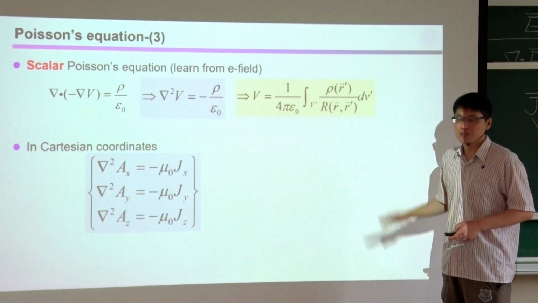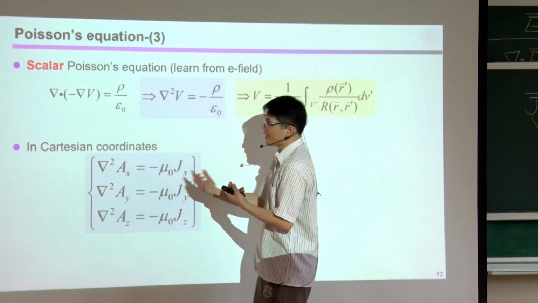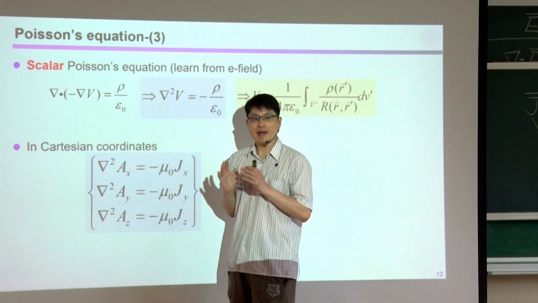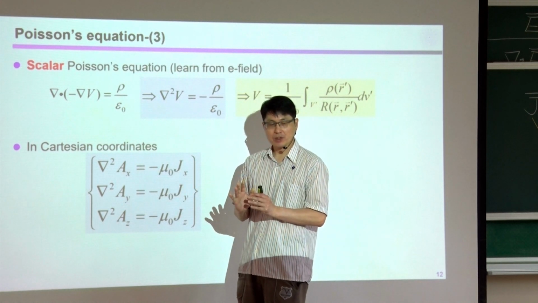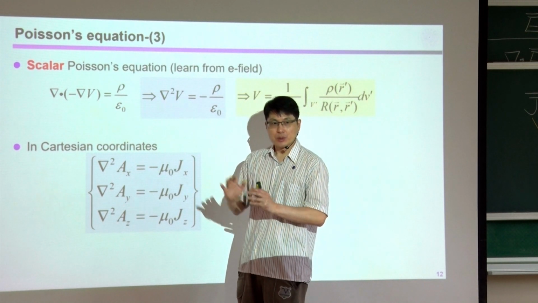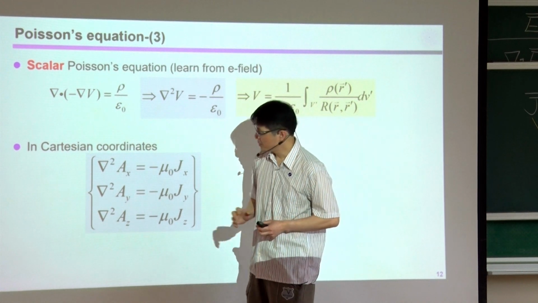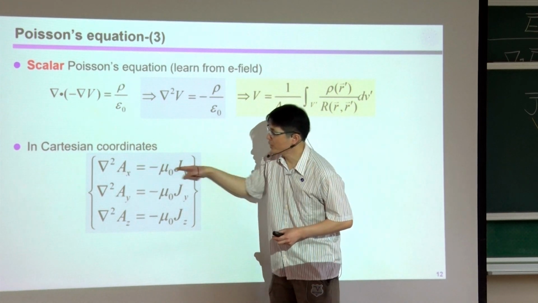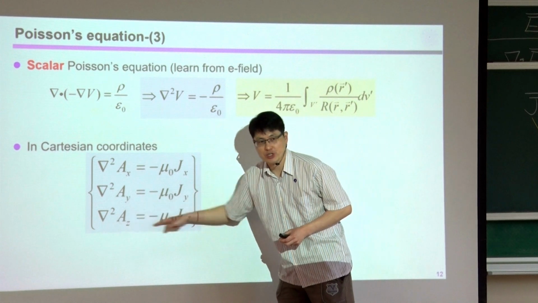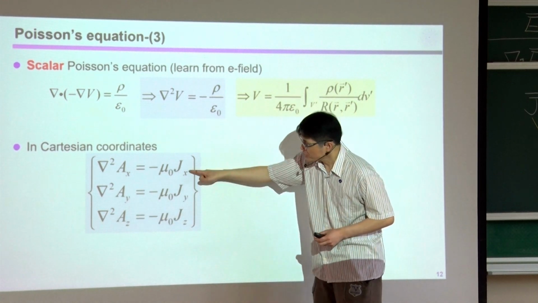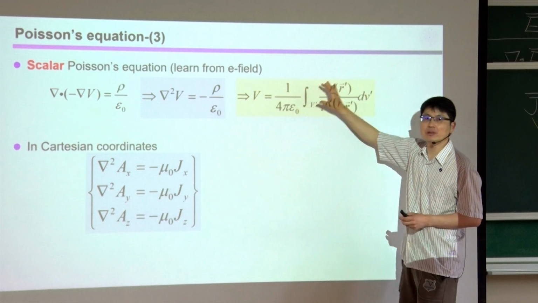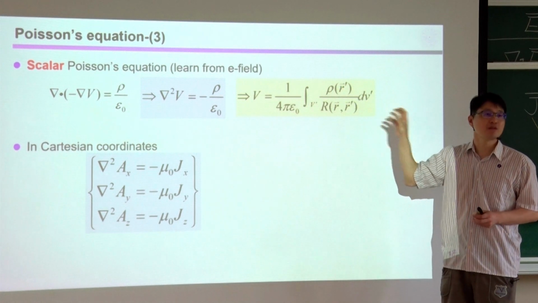Right? So in the end, by introducing A, we have the capability to reduce the problem to solving three scalar Poisson's equations. And Poisson's equations have well understood solution form.